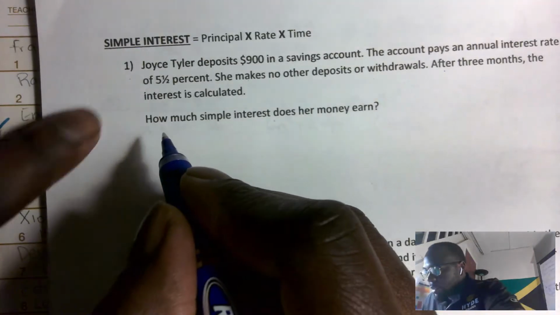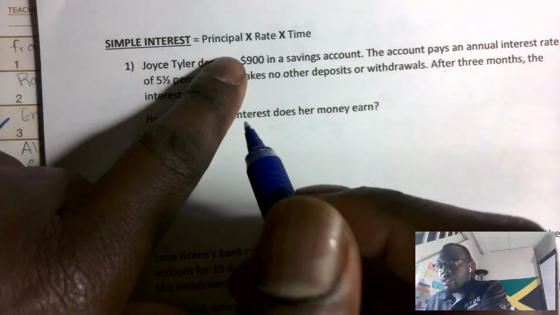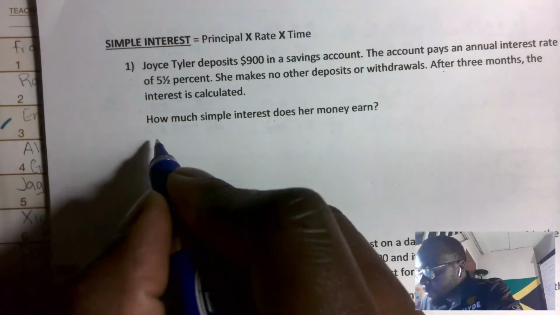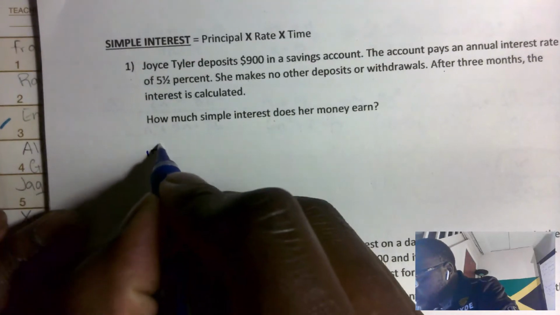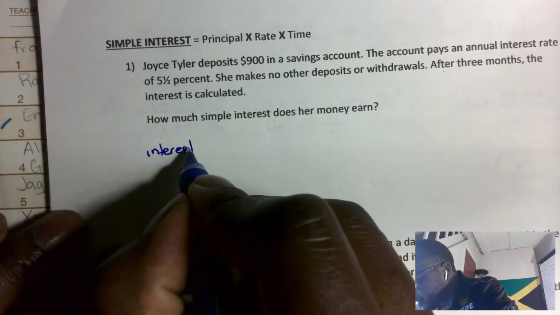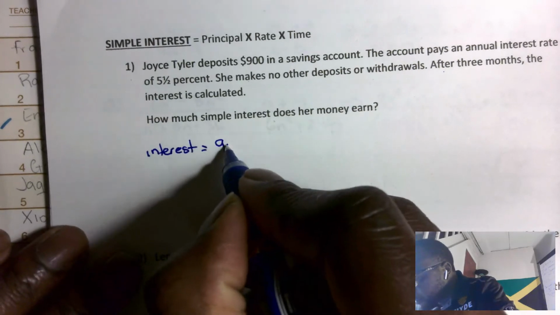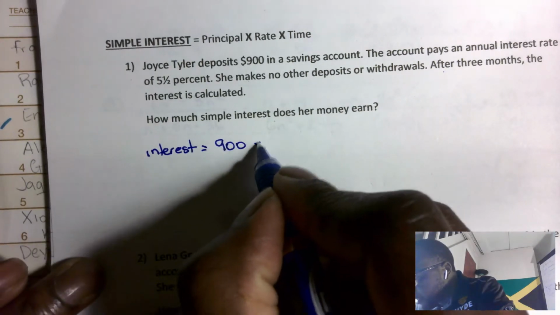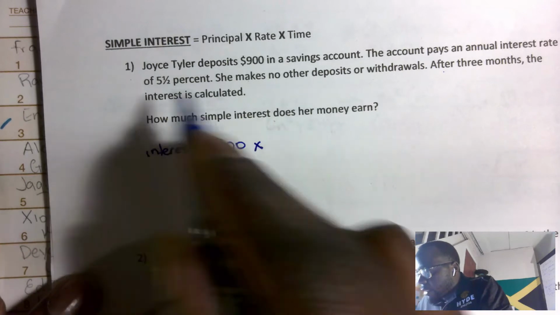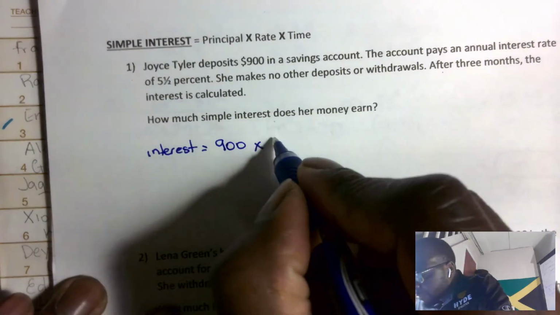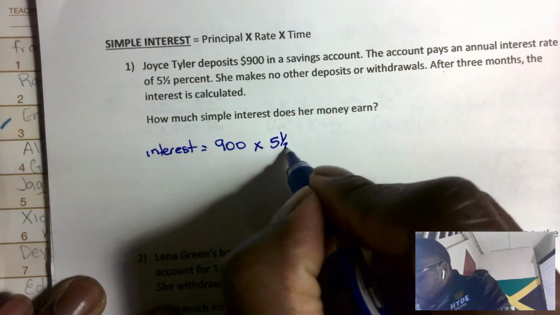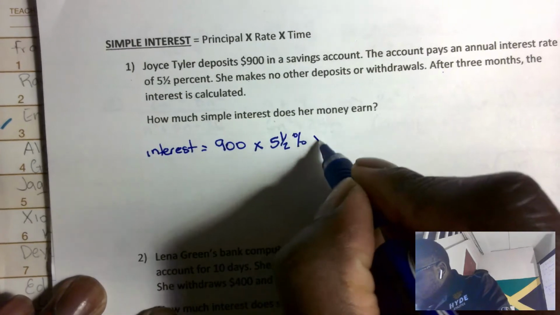So simple interest is equal to principal times rate times time. So interest is equal to 900 times rate. What's the rate? 5.5%, times the time.